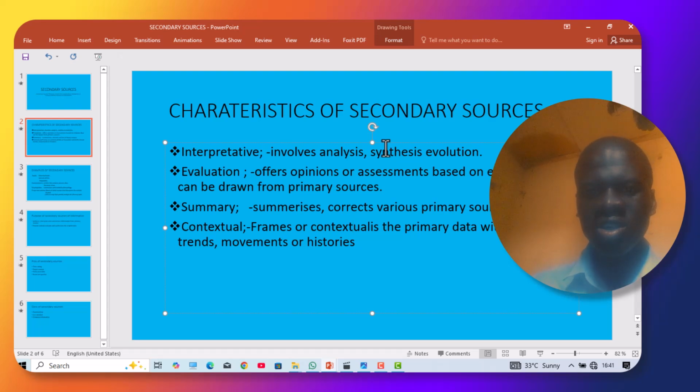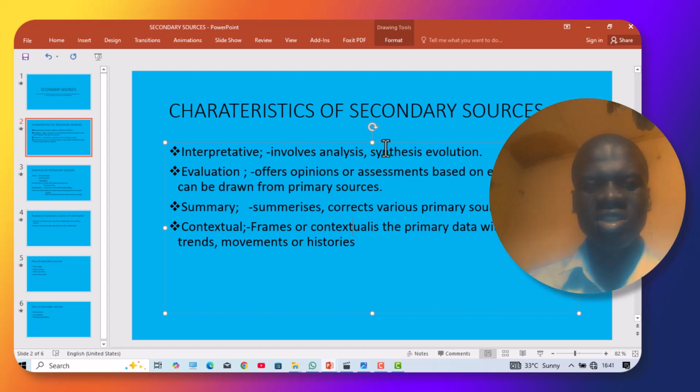It means they involve analysis, analyzing critically, and synthesizing, change from one form to another. Then also it evaluates the information by offering opinions or assessment based on evidence that we get from those primary sources, like the magazines, newspapers, and the rest.